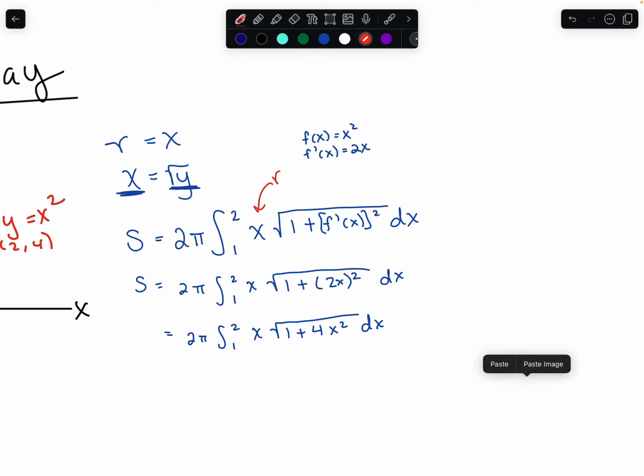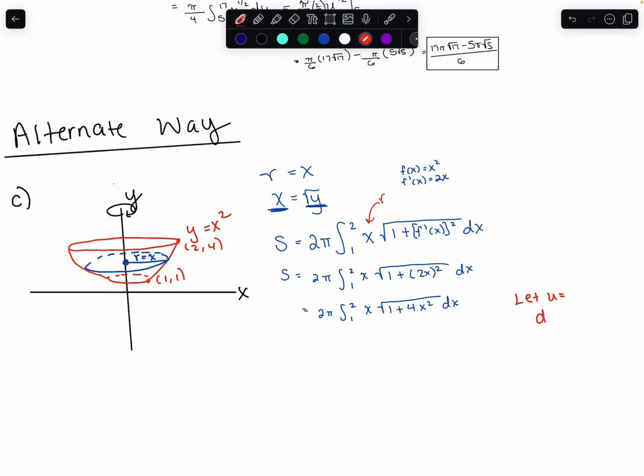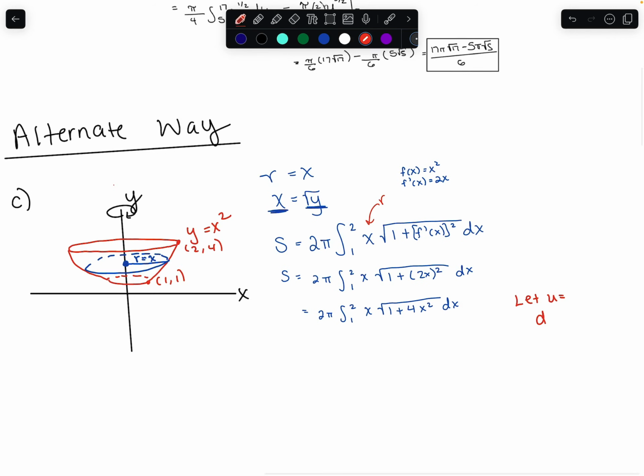All right, so we're going to say let u equal 1 plus 4x squared. Sorry, I forgot the 1. Du is equal to 8x dx.